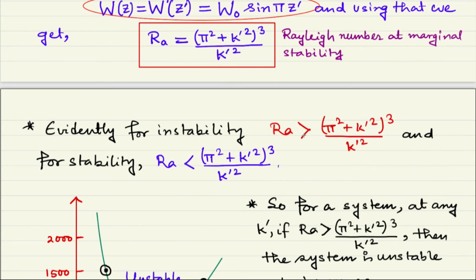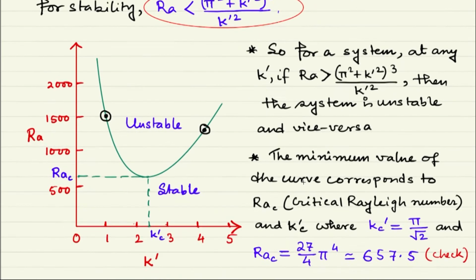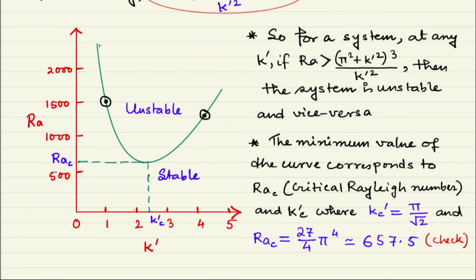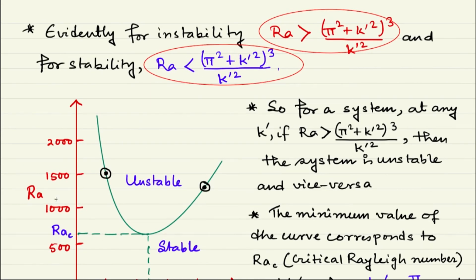So when the Rayleigh number is greater than this marginal value, the system is unstable, and for stability, the Rayleigh number should be less than this value. Now one can plot this marginal Rayleigh number, which you can see in the green solid line.